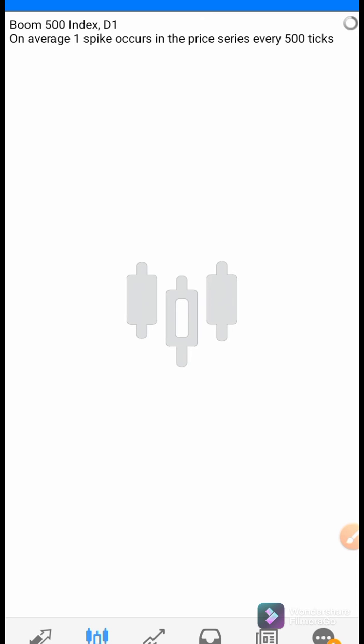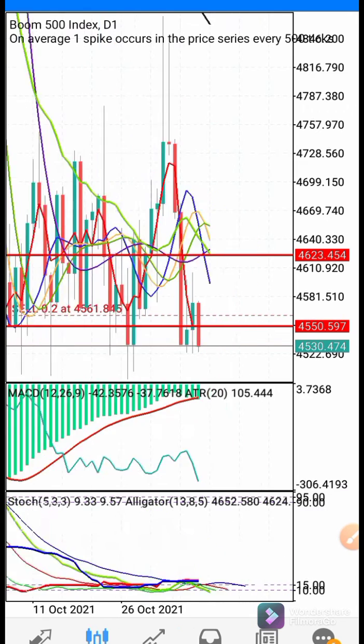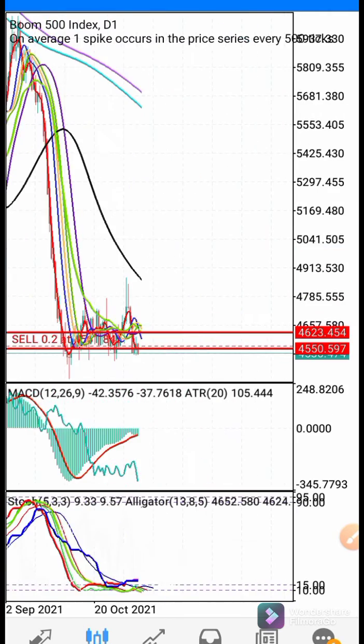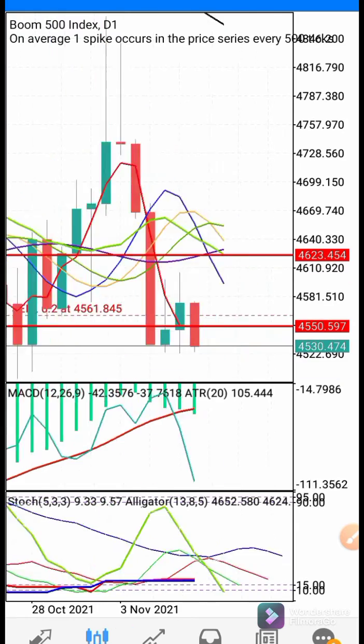So just look at it from the daily. Market is trying to break below this low.